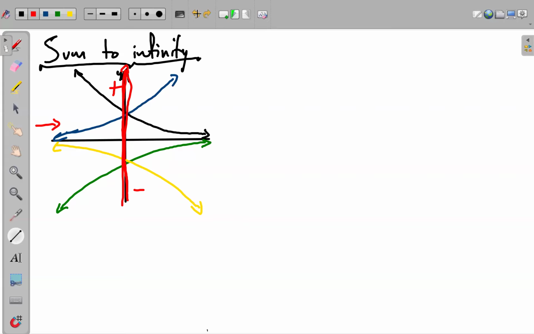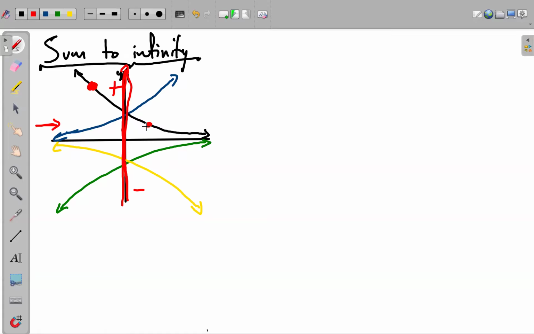But then you look at the black graph and the green graph. One thing about those two graphs is that they are actually decreasing, because as you read from left to right, the y values are going down. Surely the y value here is bigger than the y value there.